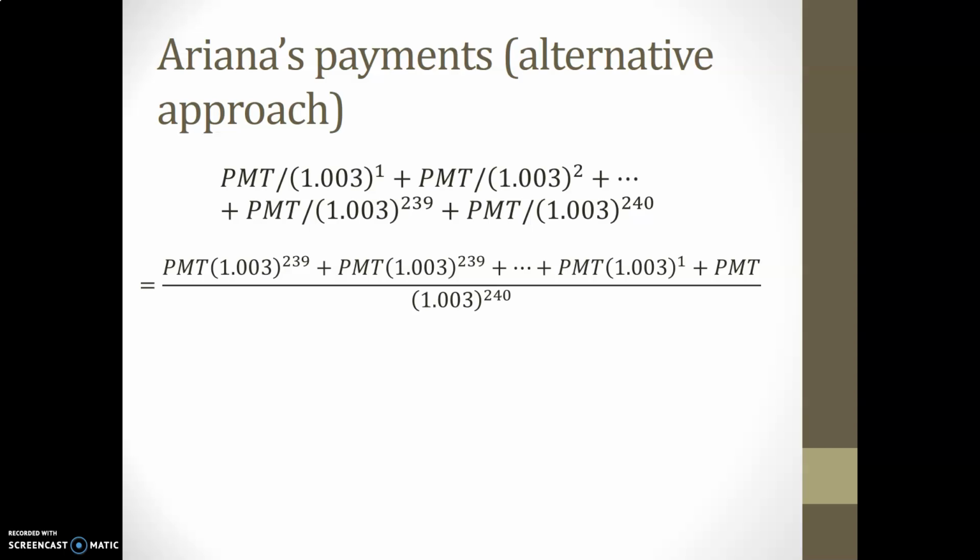If you do that, then actually the numerator, perhaps you see it right now, if you read those terms backwards, is already a perfect geometric series that starts with a ratio whose exponent is 0. So actually, I could take the divider 1.003 to the 240 simply out of the summation, and the rest of the addition fits a geometric series with 1.003 as the ratio, varying from k equals 0 to 239.